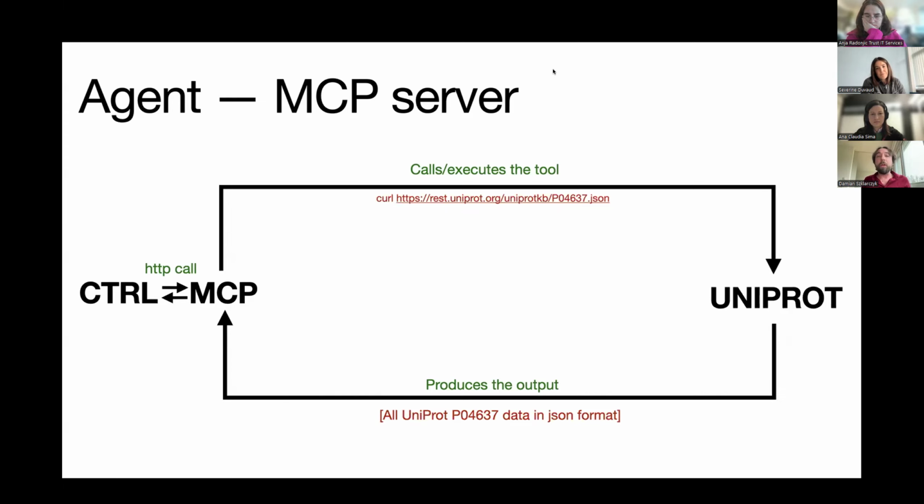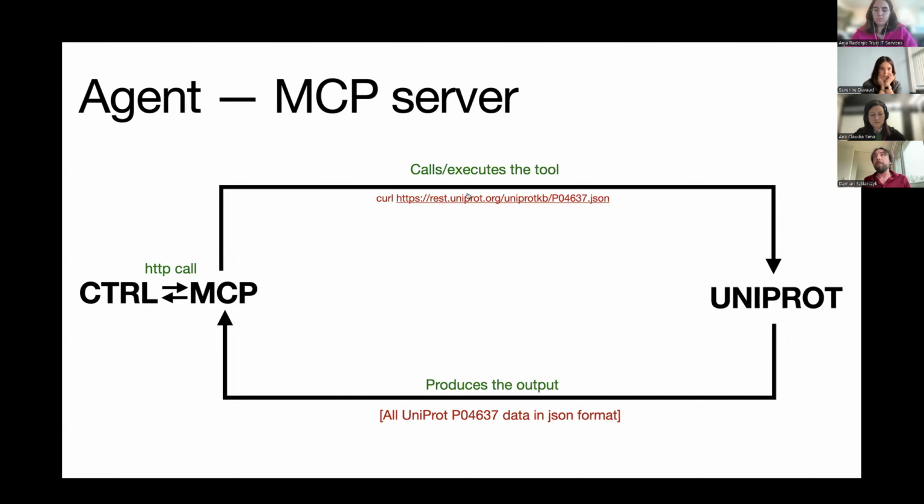For example, you don't need to have your own database. You can directly go, for example, to UniProt and just use the public API to get the data you want. So you don't even need to own the resource to create an MCP server for the resource.